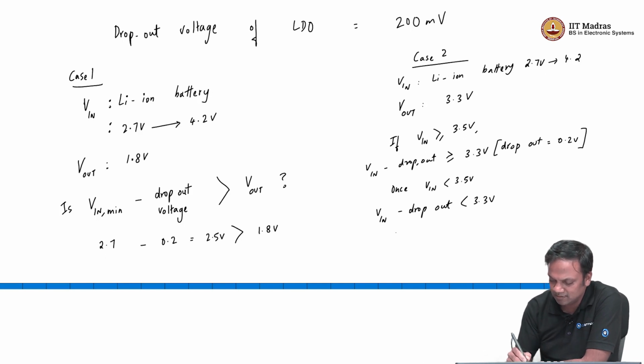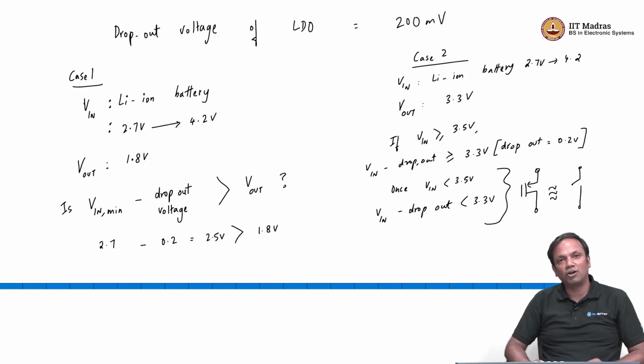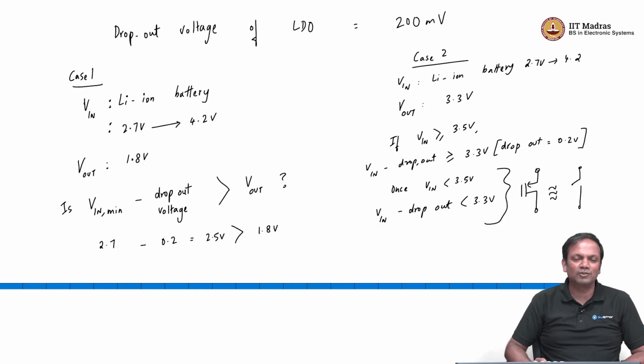What this means is, in this case, this output transistor or the output device will just function like a switch, right. So, at that point it no longer operates like a voltage controlled current source, it starts to operate like a switch.